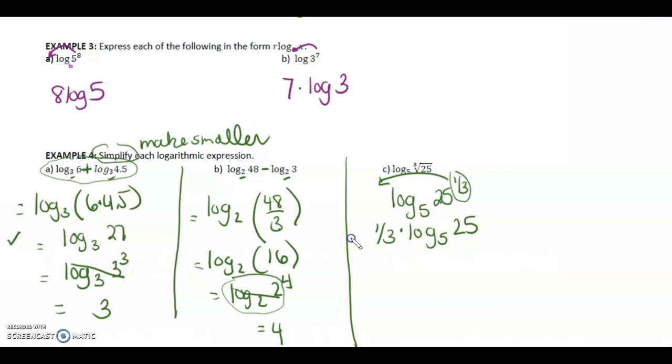Those are the laws that we use today. Now, combining them with the laws that we used in the previous lesson, we can change this 25 into a base of 5. So it's going to be 5 squared. So log base 5 cancels out. We get 1/3 times 2, and we get 2/3.